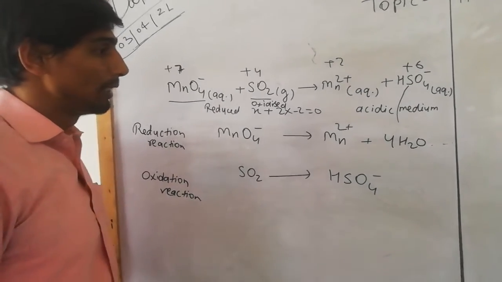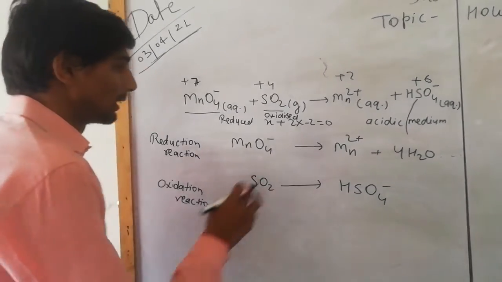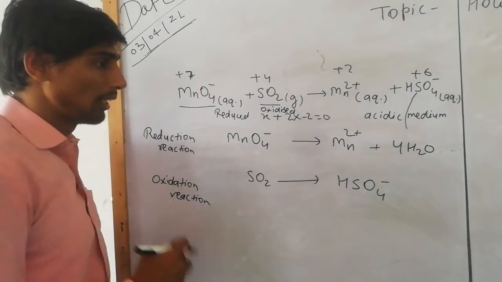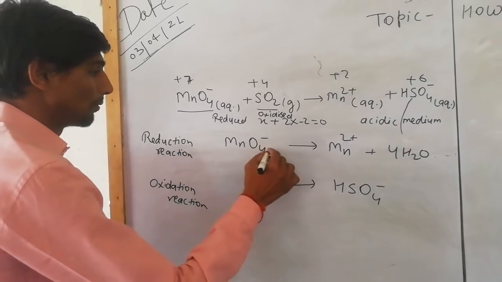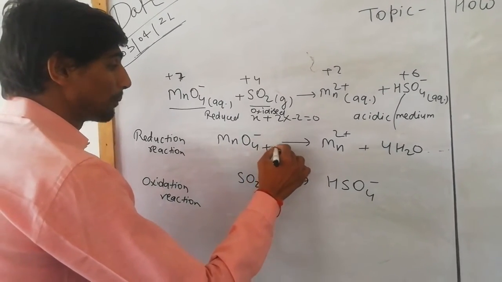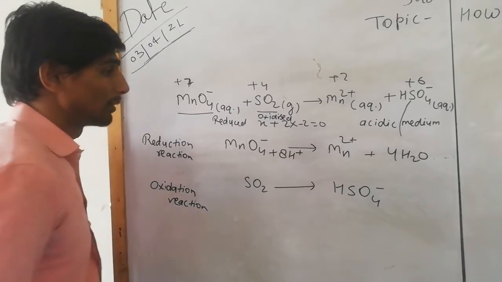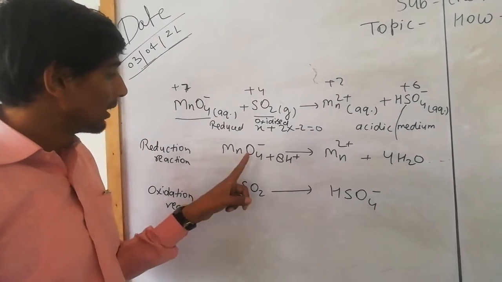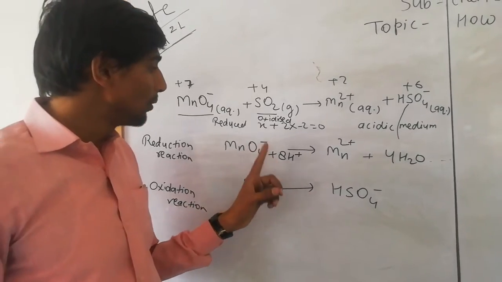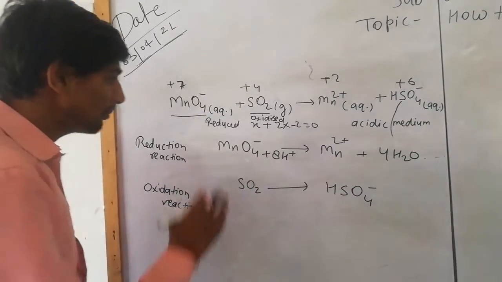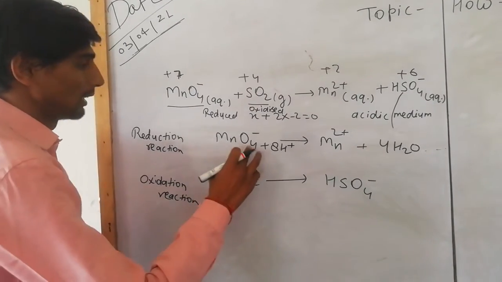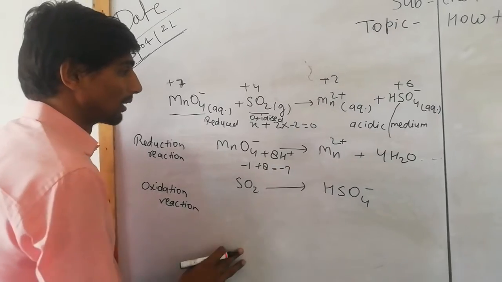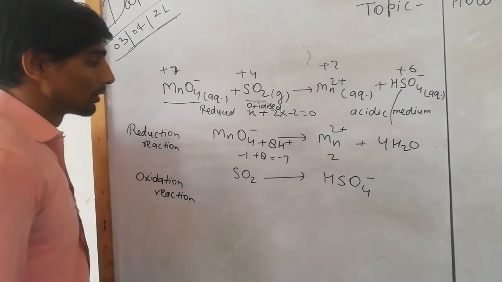We balance hydrogen in the form of H plus. Here there are 8 hydrogen, so we write 8H plus. Now this reaction is balanced for atoms, but we need to balance the charge. Here, minus 1 plus 8 is equal to plus 7, and here it is plus 2.